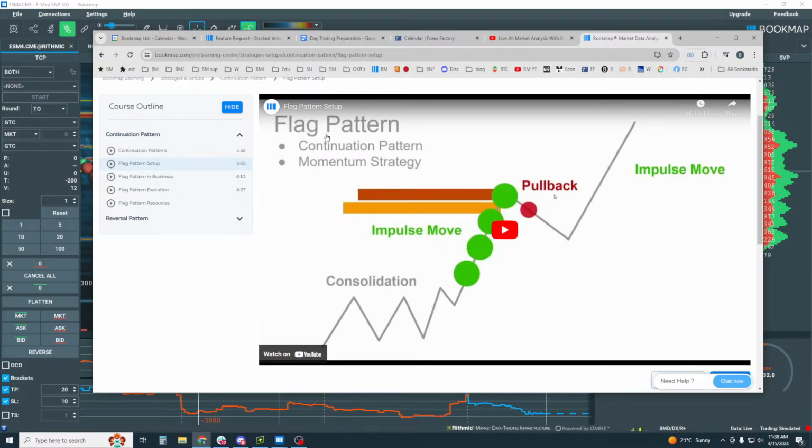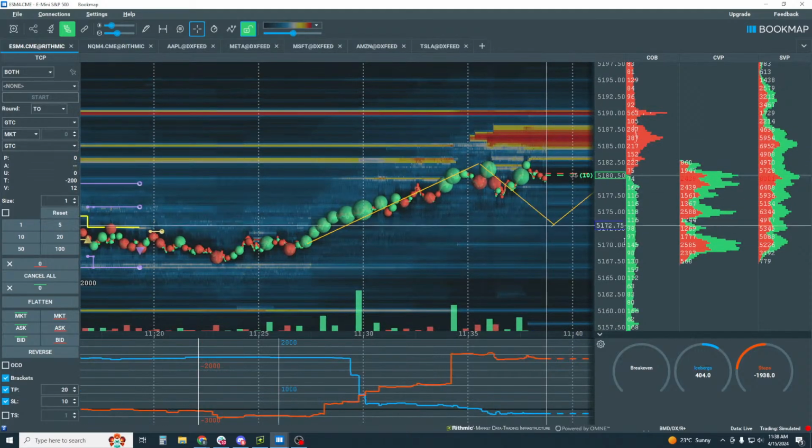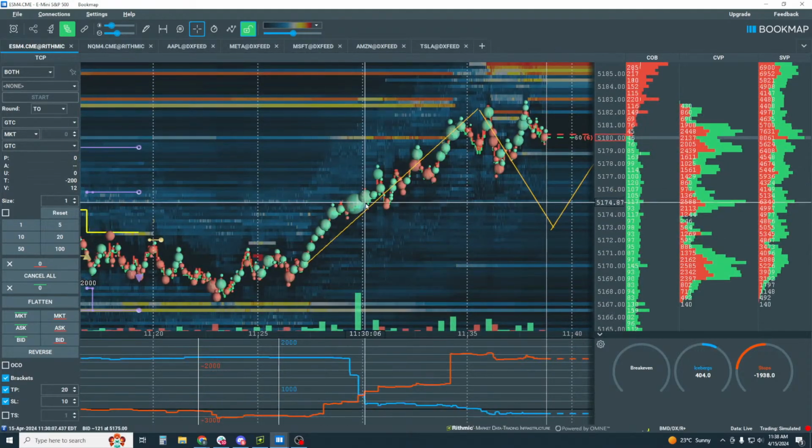It is important not to memorize the flag and that pattern, but to understand the elements within it: impulse move, pullback on low volume, impulse move, with liquidity supporting it along the way. Resistance here stops the first impulse move. More on the bid in here, and more buyers then come in at this higher level, looking for that second impulse move. You can see that concept in this move here multiple times.